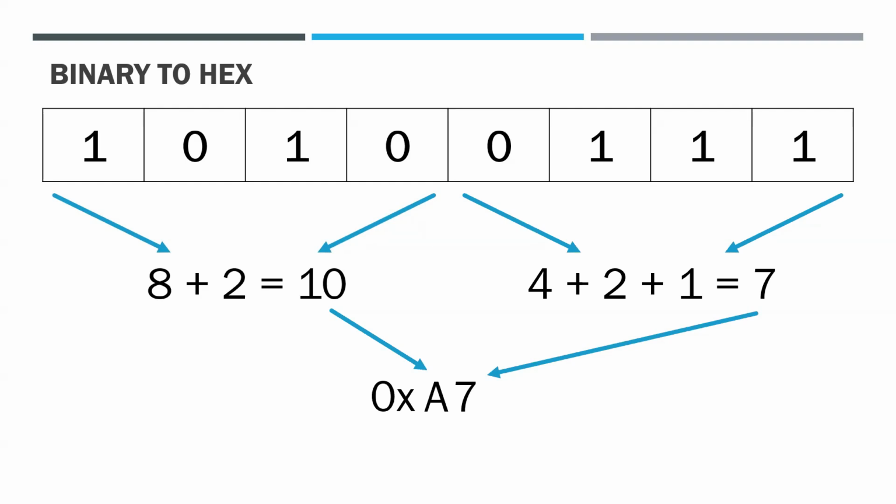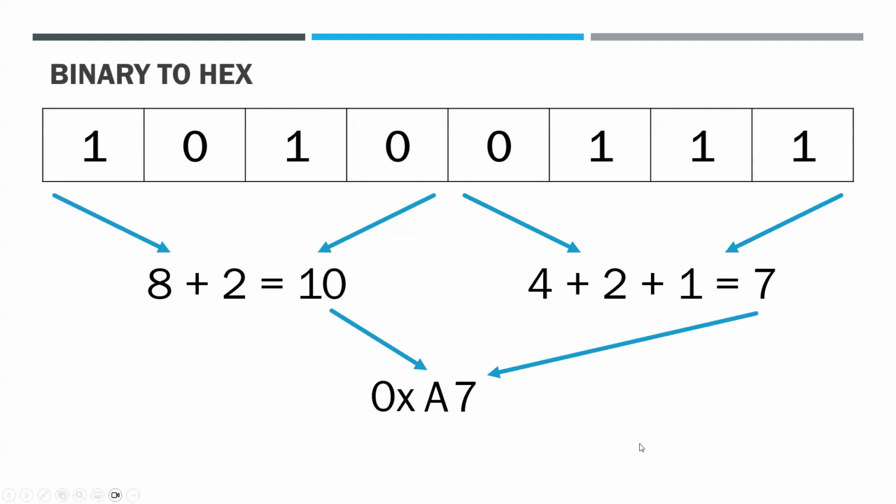And usually we hang a 0x on the front to indicate that we're talking about a hex number. Because, for example, if instead of 10, that first digit was a 9, right? It would appear as 97. And you don't know whether that's a decimal 97 or a hex 97. But boy, does it matter, right? 97 hex.